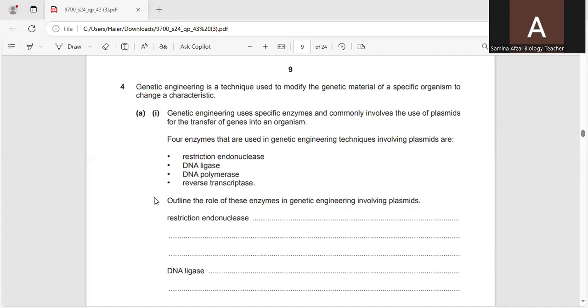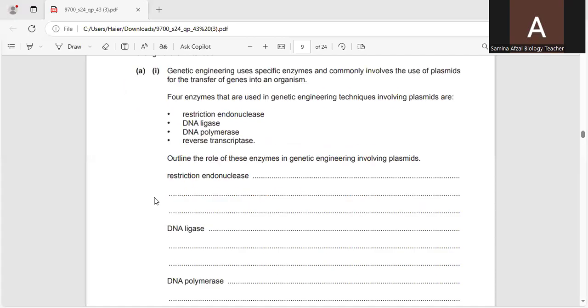So genetic engineering uses specific enzymes and commonly involves the use of plasmids for the transfer of genes into an organism. And students, what are plasmids? Four enzymes that are used in genetic engineering techniques involving plasmids are restriction endonuclease, DNA ligase, DNA polymerase, and reverse transcriptase.